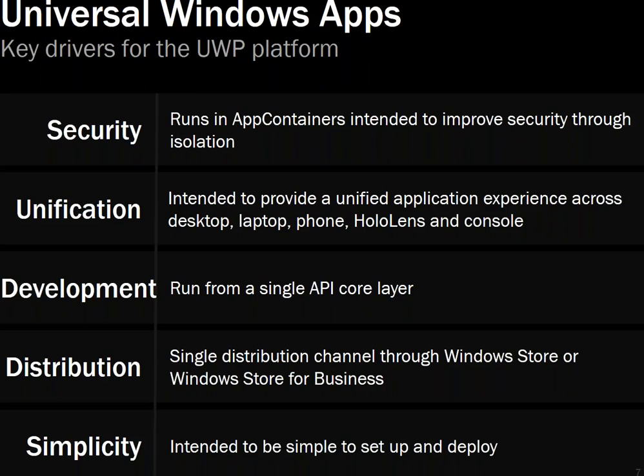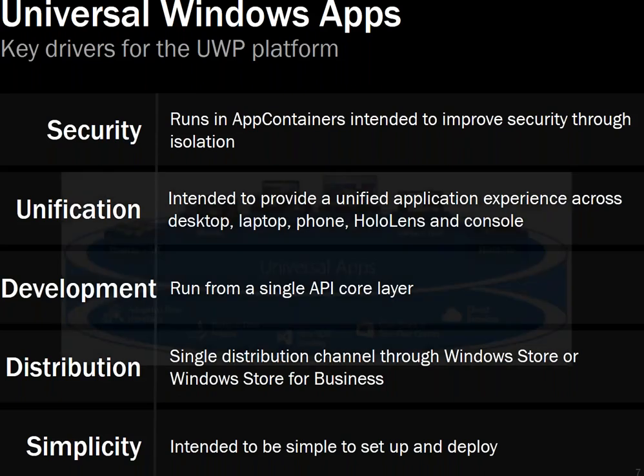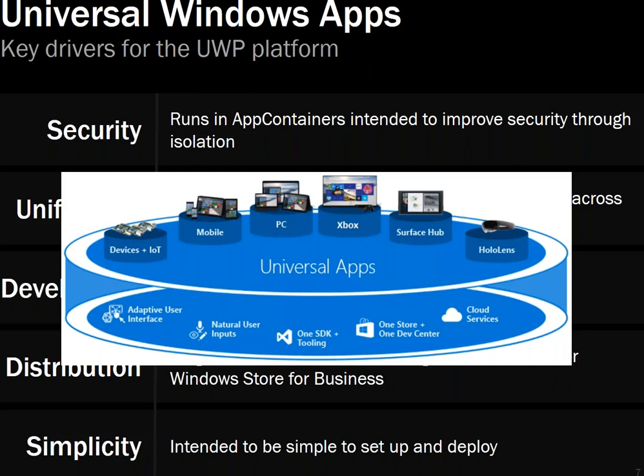They run in app containers, which are intended to be isolated on a whole number of levels. It's supposed to provide a unified application experience. So if you've got a desktop, laptop, your phone, if you're one of the few Windows Phone users, or an Xbox console, or you even use a HoloLens, it's intended to give you this, the clue's in the name, universal apps that will run on any of these platforms.